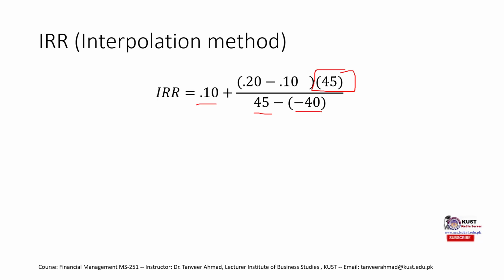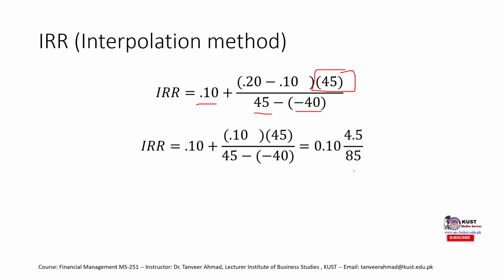Remember, at 20% discount rate, we got a negative NPV of minus 40. We simplify it and we get a value of 0.15 or 15%. This is exactly the same value that we got using the trial and error method.